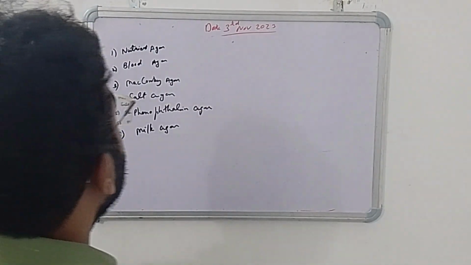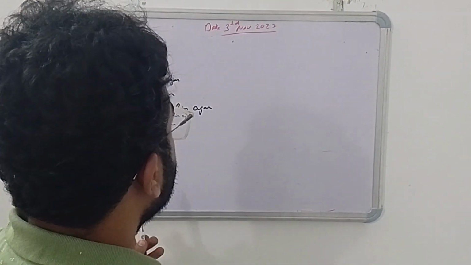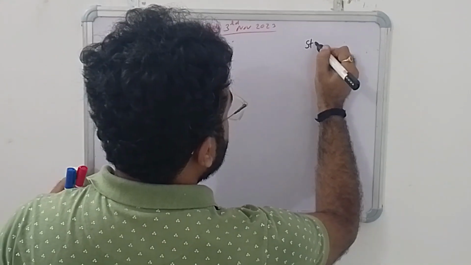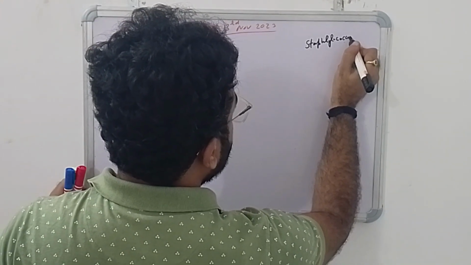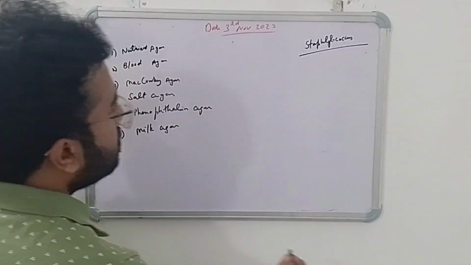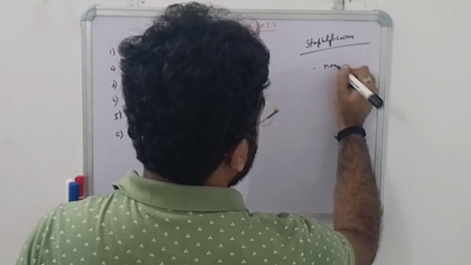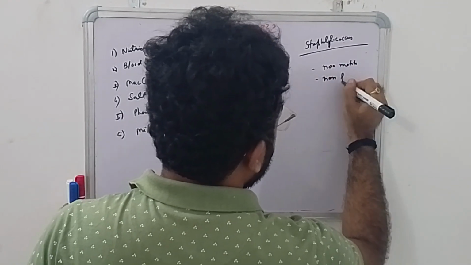So nutrient agar, blood agar, MacConkey, what are the different features between all of them? So here we will write Staphylococcus. Okay, so what are the characteristics? It is non-motile. Non-fastidious.